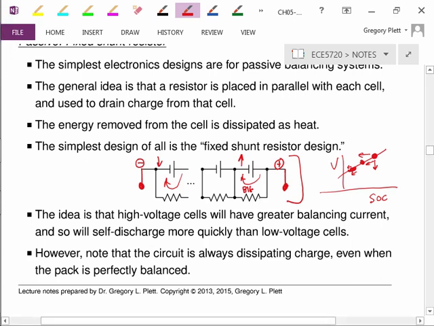And when the external voltage is lost and I need to supply energy from the battery pack, it's okay to have this very slow balancing still going on. It's not ideal, but it's okay because I hopefully need the UPS for only a short amount of time anyway. So this is a very, very simple design, and it's always dissipating energy, even when the pack is perfectly balanced.